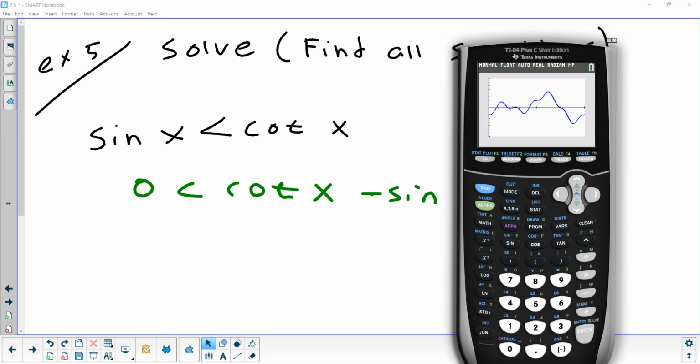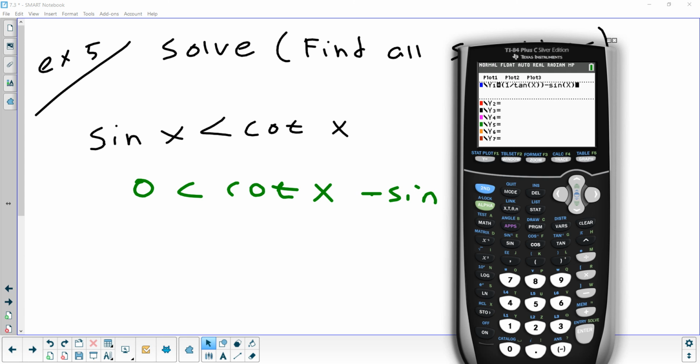Cotangent, how do I type that in? Yeah, 1 divided by tangent. That's one way to do it. So there's my cotangent minus my sine. Now, I'm looking for where this graph is above 0.